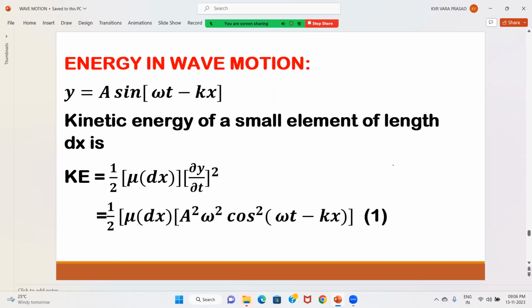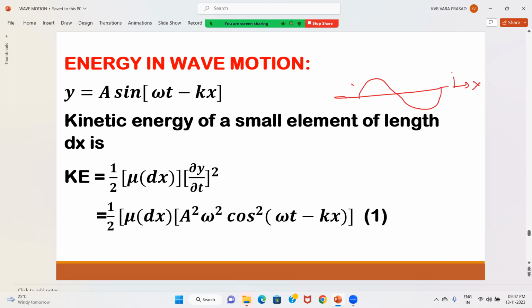Energy in wave motion. We know that wave motion means propagation of energy through oscillations, right? Let us take the shape of the string like this.